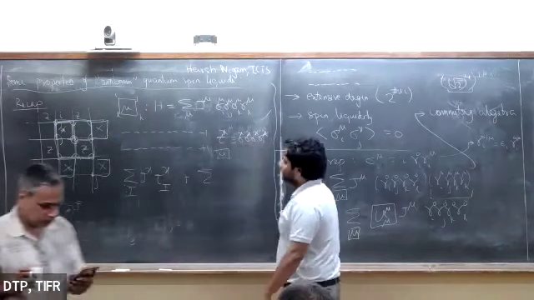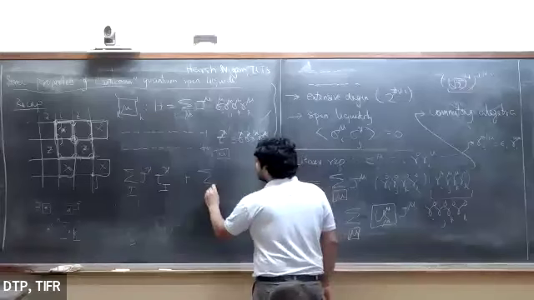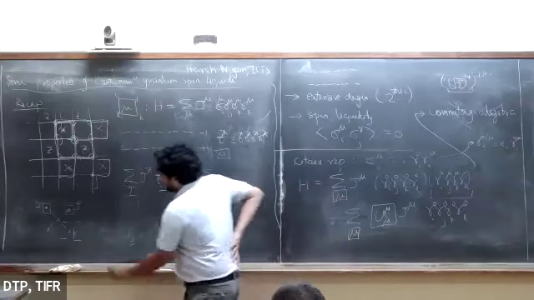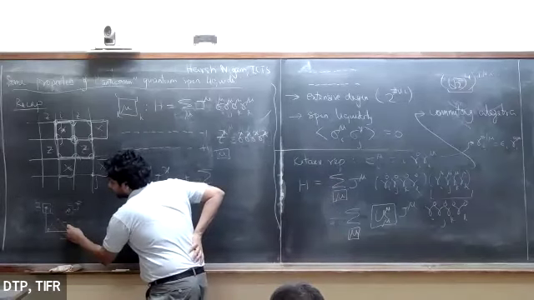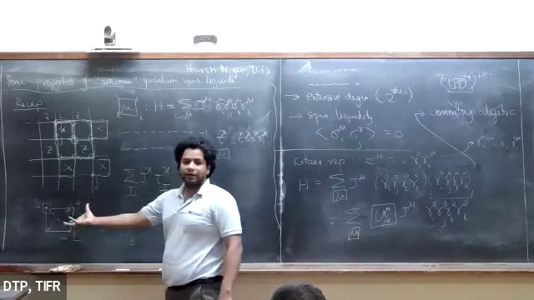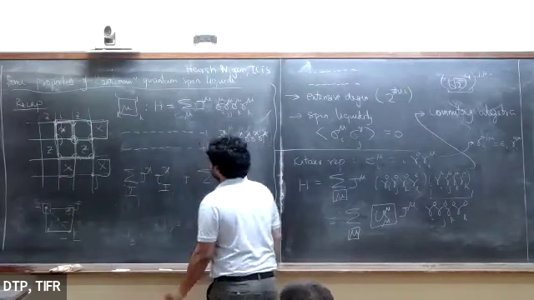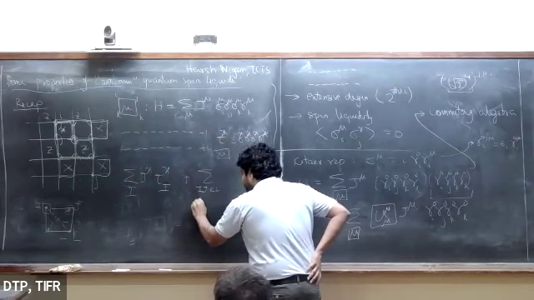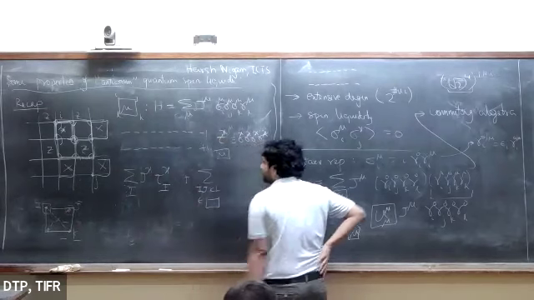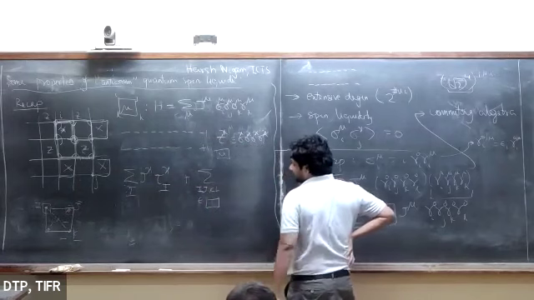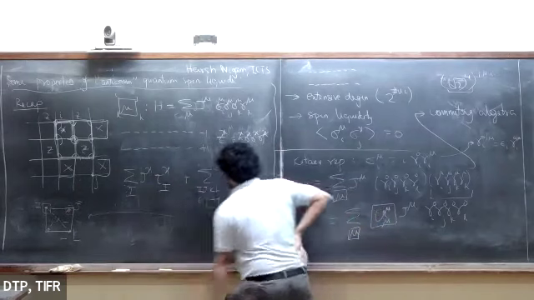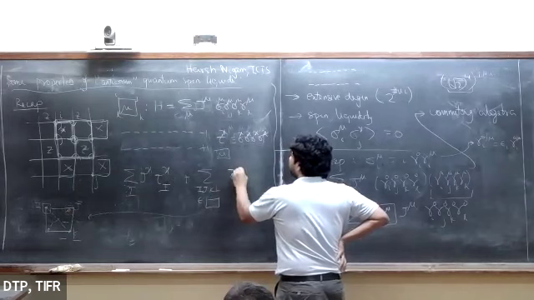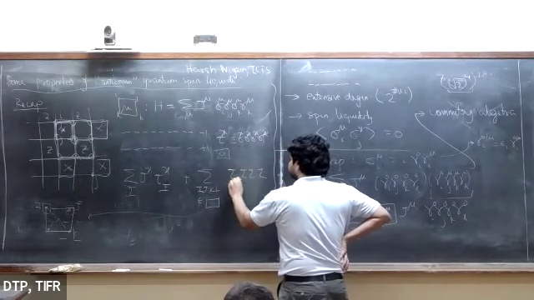It's not that hard to convince yourselves of that. So we have these sites and then we have plaquettes. So this actually is an effective reduced square lattice, right? It's I, J, K, L belonging to the plaquettes of this reduced square lattice. It will be a 4 tau term.